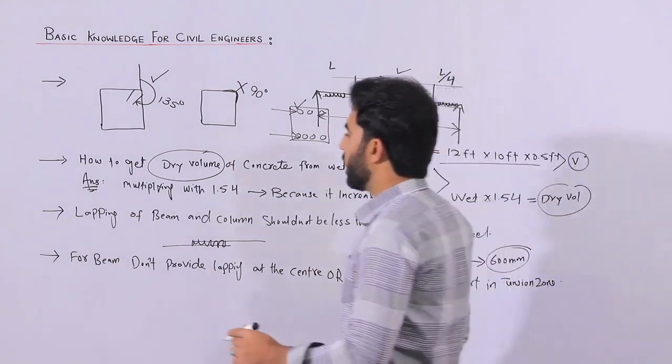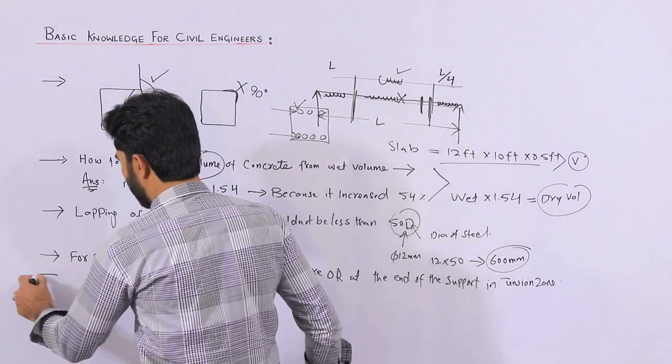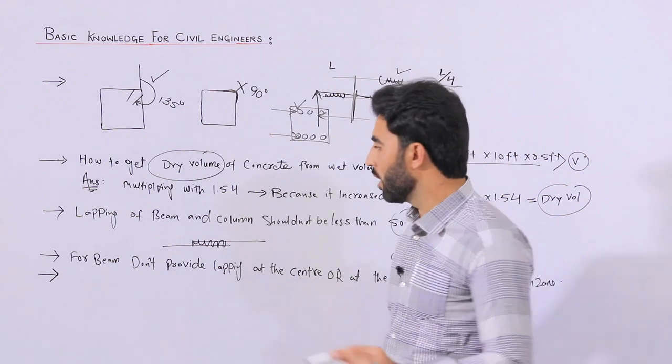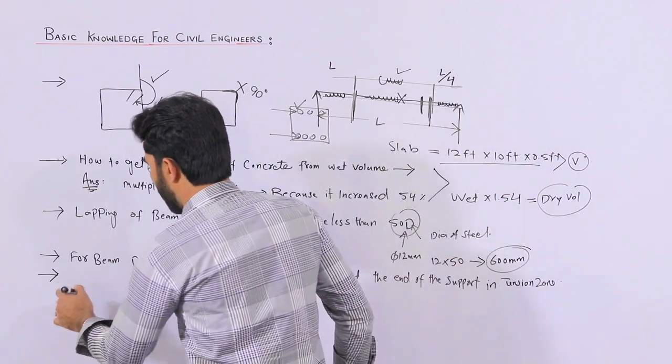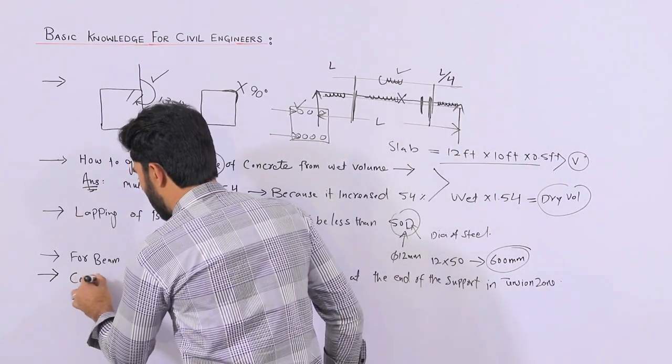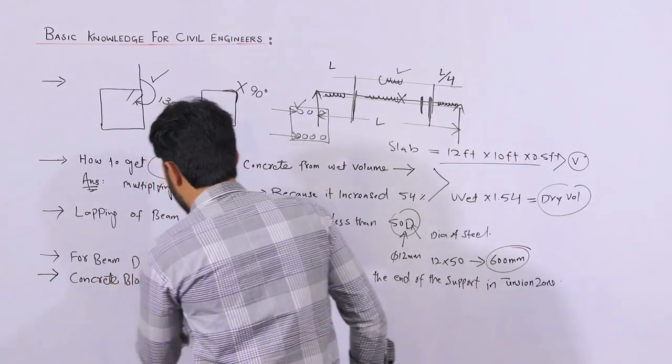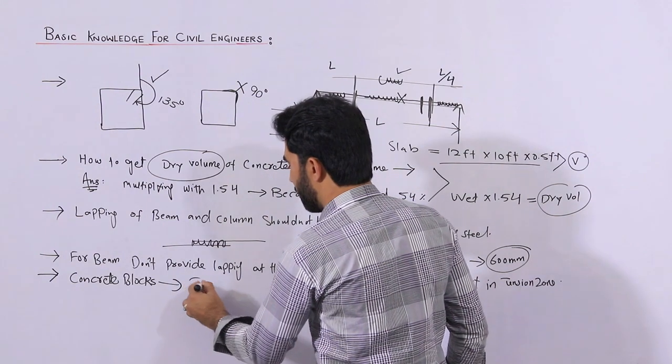Next is very important, guys. The next question is, if you are working on a construction site, concrete blocks, normally at a thickness of 6 inches.